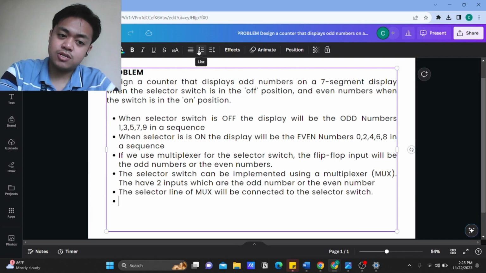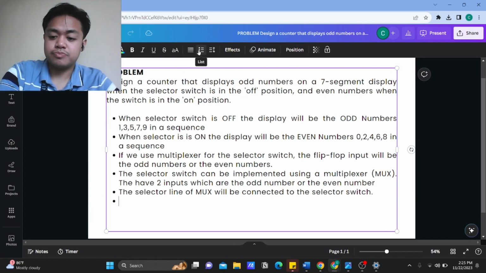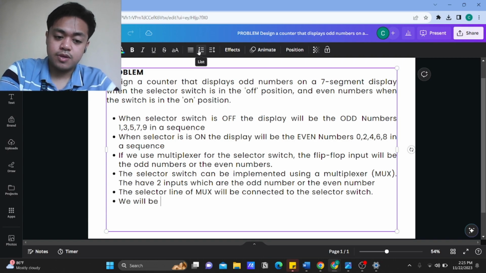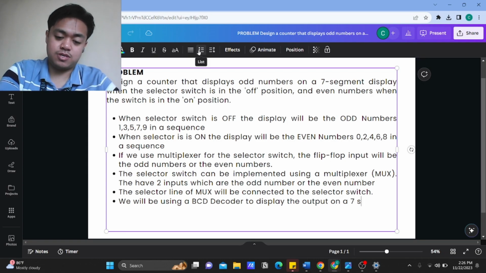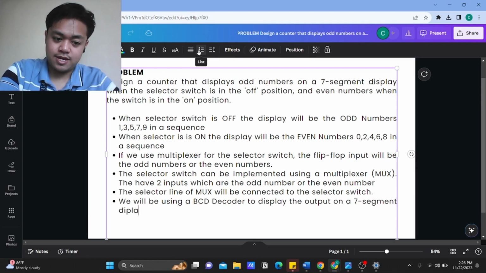Last analysis, we will be using it as an encoder to display the output on a 7-segment display.